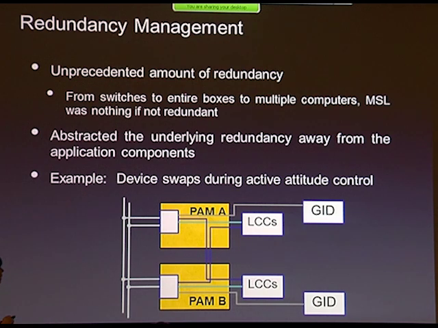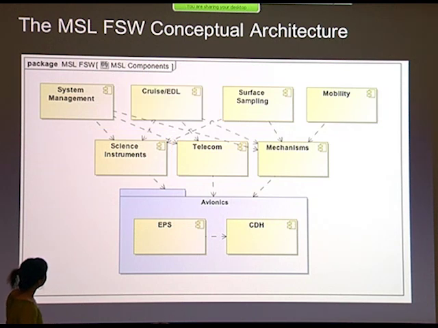So what we did is, if we go back to this picture for a second, this cruise EDL component made use of an atomic action in the flight software to do a PAM swap.